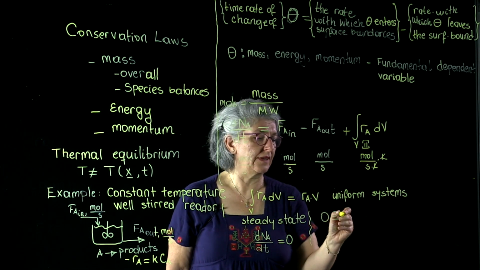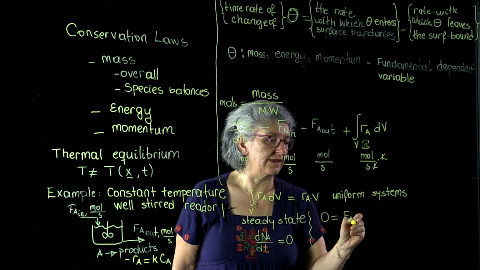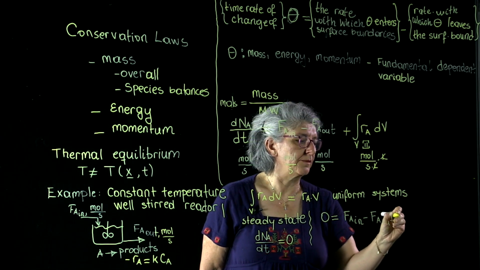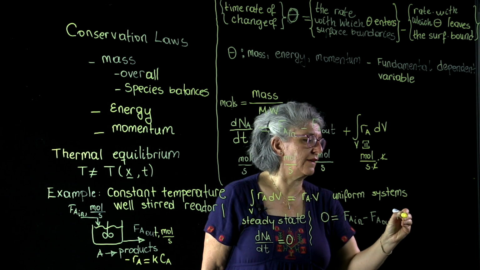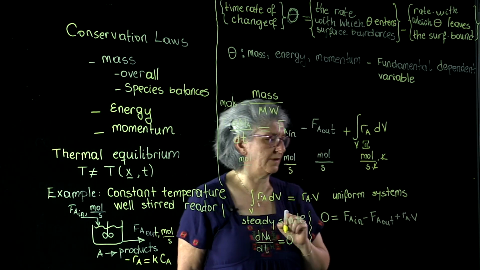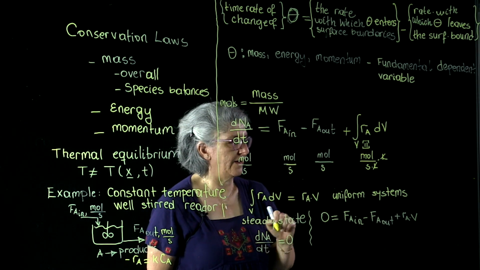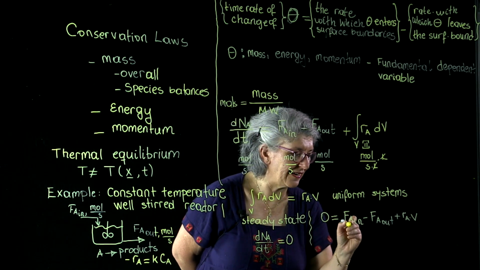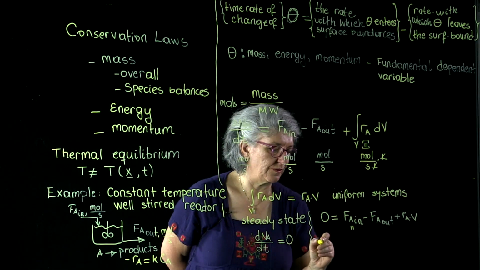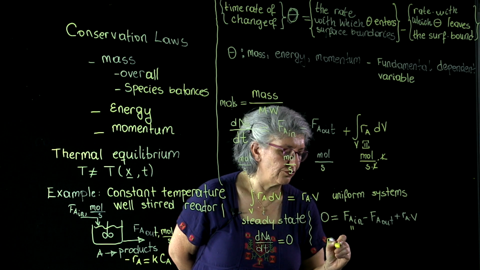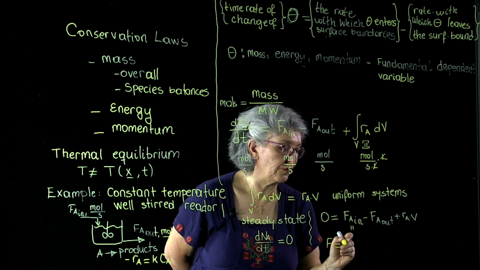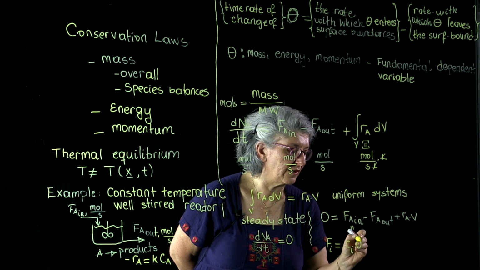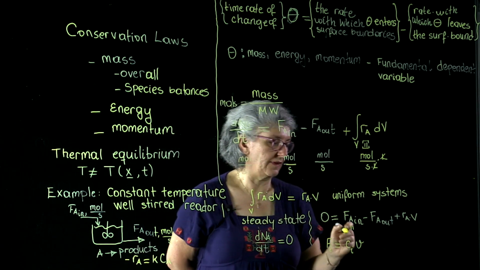That is going to be simplified as FA in minus FA out plus RA times V. And before I rearrange this equation, I will convert the flow terms to terms in terms of concentrations of the species and the volumetric flow rate of the stream.